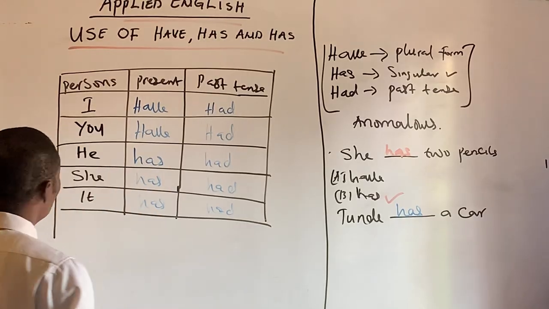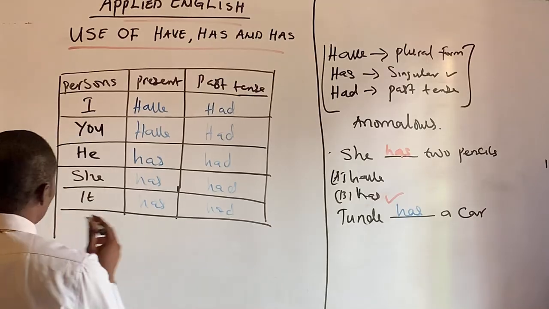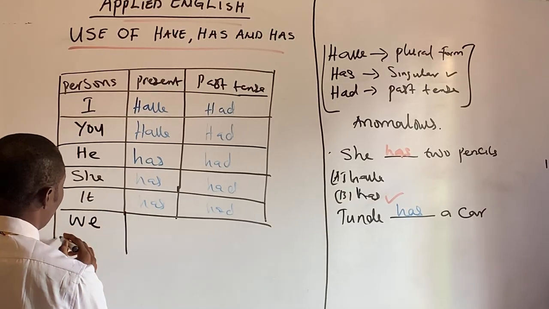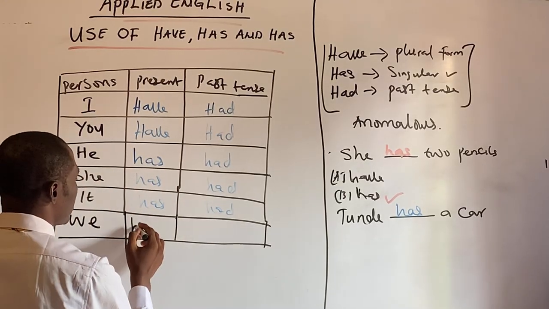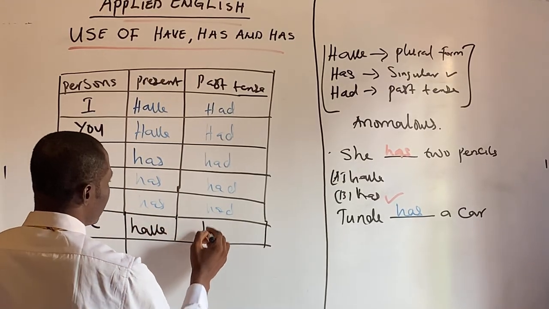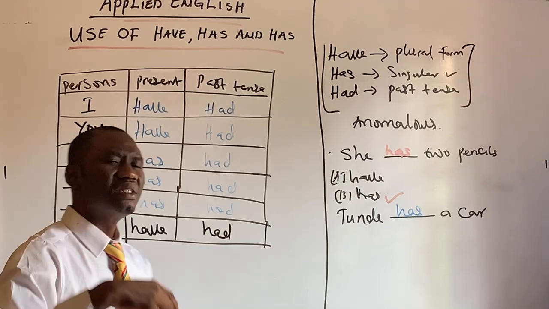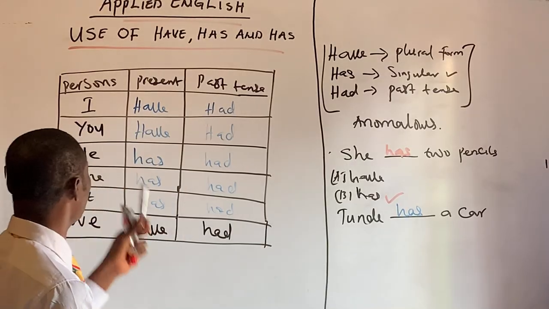All right, let's go to the first person plural subject. For the first person plural subject, we have we. And then, do we say we has or we have? Of course, it is we have. Past tense, we had. Then we go to the second person plural subject, which is you.